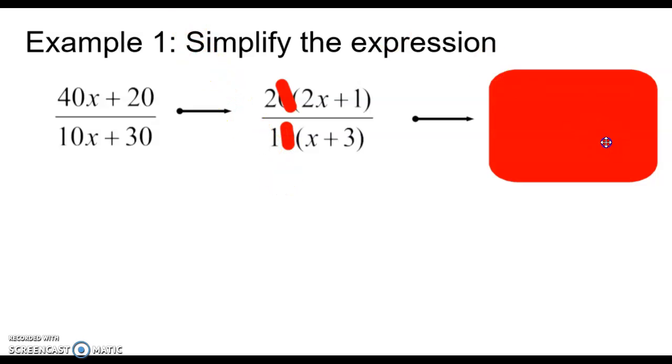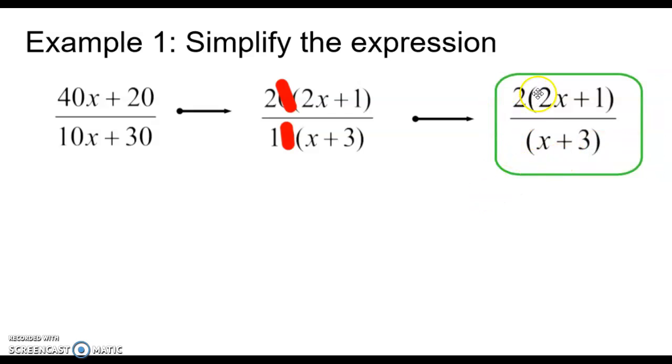So my final answer is just a 2 in the numerator with that 2x plus 1, and then we have the x plus 3 in the denominator. Again, that is because this 20 divided by 10 gives us that 2 in the numerator.